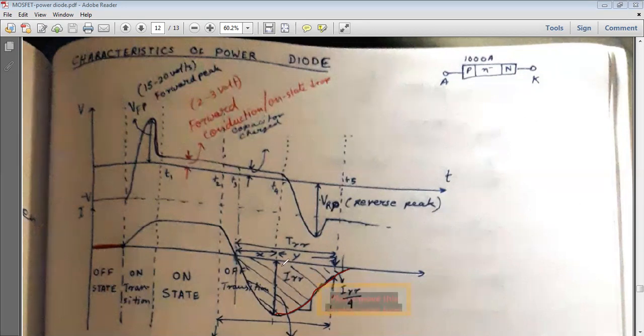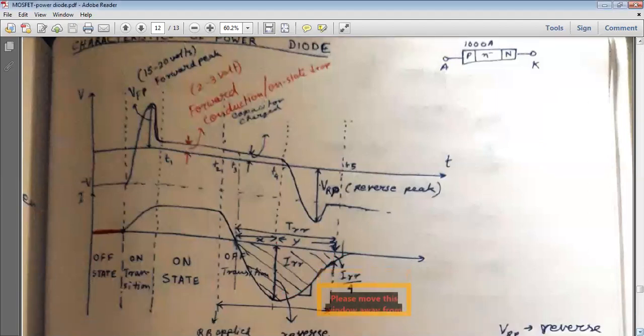This is actually known as the reverse peak of current, denoted by IRR. During this duration the current is decreasing to 0. You can see that after this discharging of the capacitor, the current will come to 0.